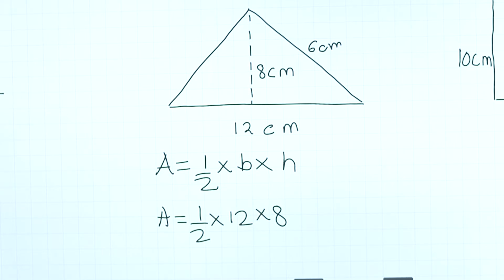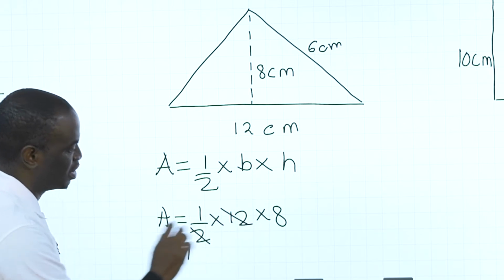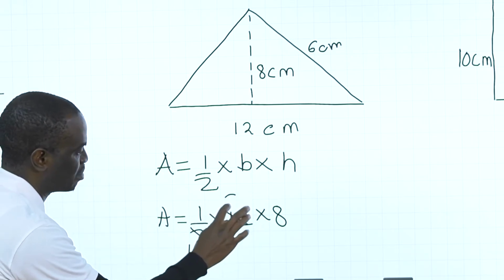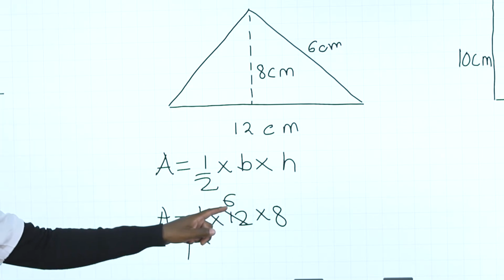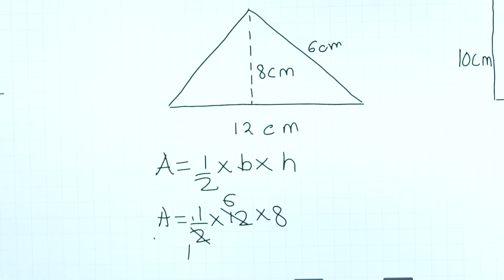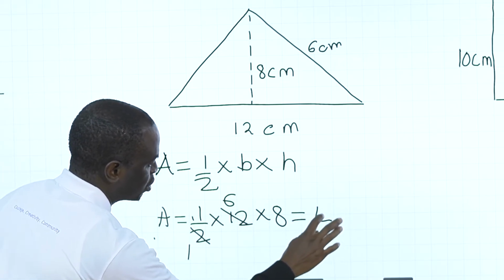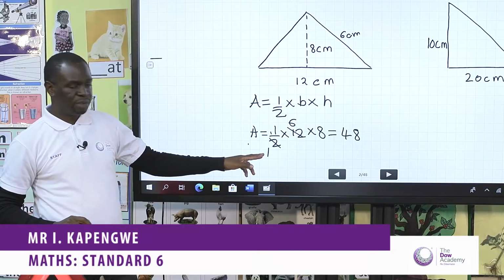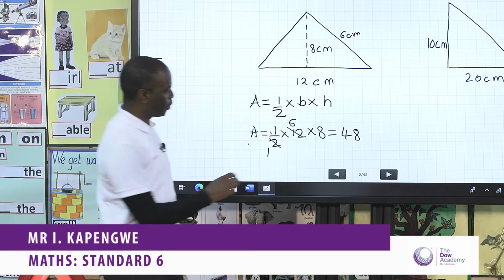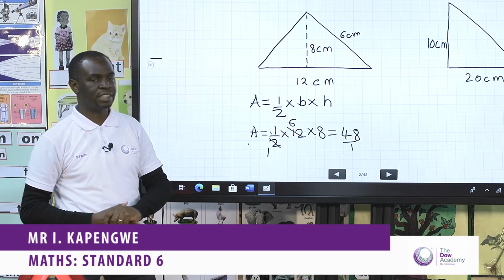And then we are now going to the next stage, where we're going to divide. 2 goes in there once, 2 goes in there 6 times. So we're going to multiply 1 times 6 times 8. So the answer that you're going to get will be equals to 48. We still have 1 here, which you can still bring down here, and we'll divide it into this 48.